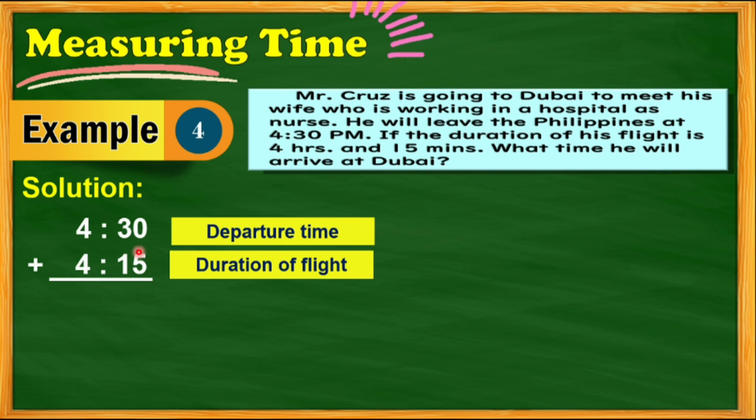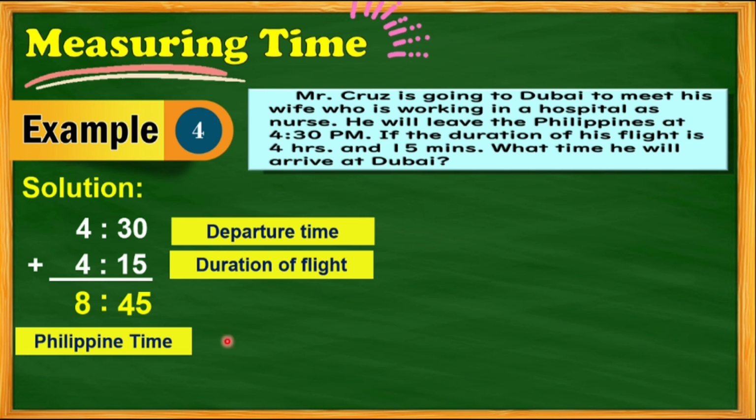So you just add 5, 4, and 8. So this should be the duration of his flight. This should be the Philippine time, 8:45 p.m.